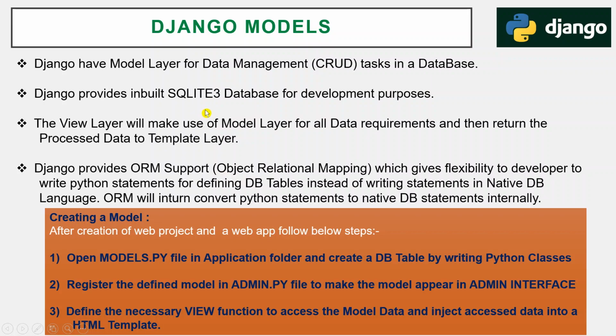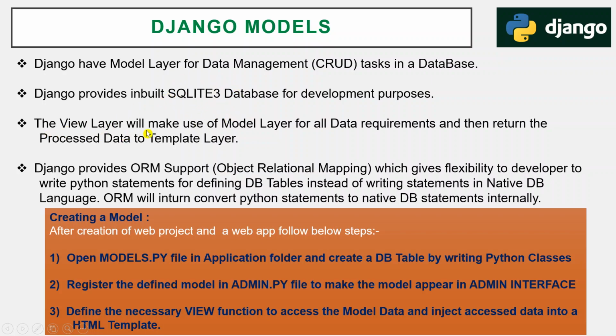That means you need not set up some other Postgres or MySQL database server by installing separately. For testing your site, a small database will be enough. So Django inbuilt has the SQLite3 database, and we will make use of this database for our practice purposes.